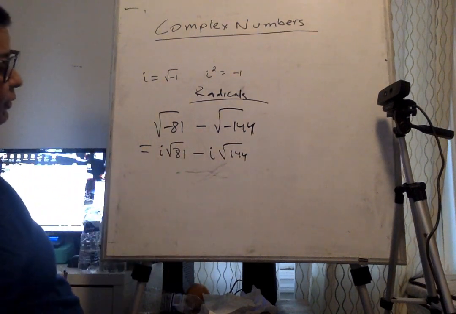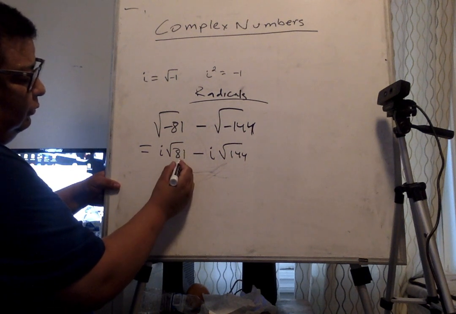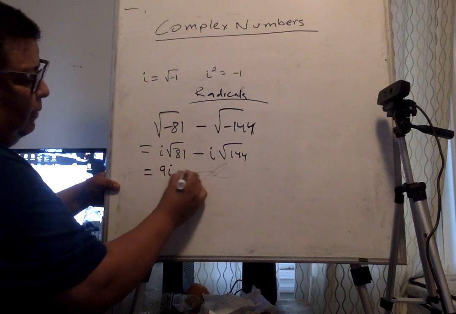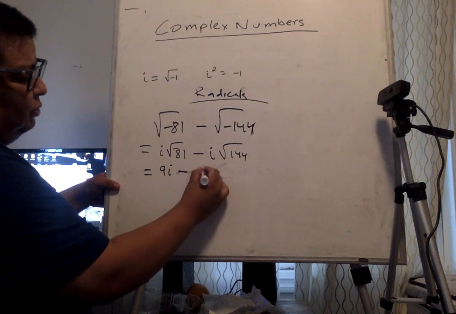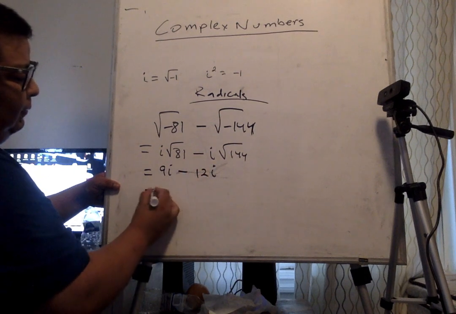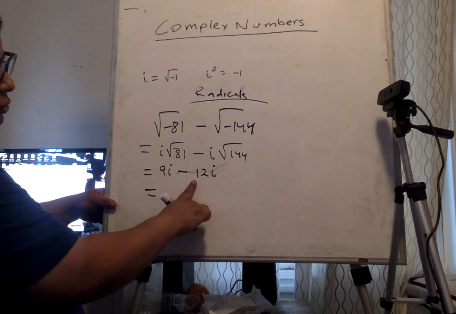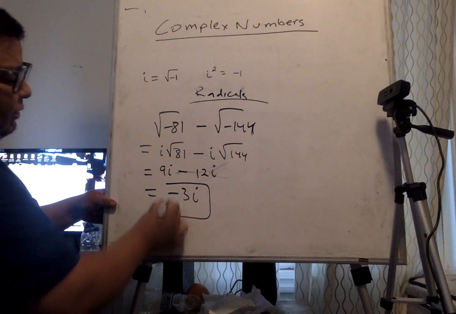Next step, get rid of the radical by computing the radical. Square root of 81 is 9, so we put 9i, minus square root of 144 is 12, so that will be minus 12i. And then the final step, combining imaginary parts. So 9 minus 12, that will be negative 3i, and that's the final answer.